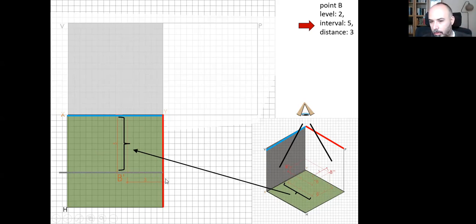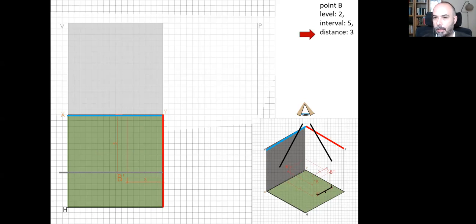In order to find the exact location, I just need another length. It is the distance here, 3 squares. It is the perpendicular length between point B and the profile projection plane. I need to count 3 squares from right to left, because here this line represents the actual profile projection plane.